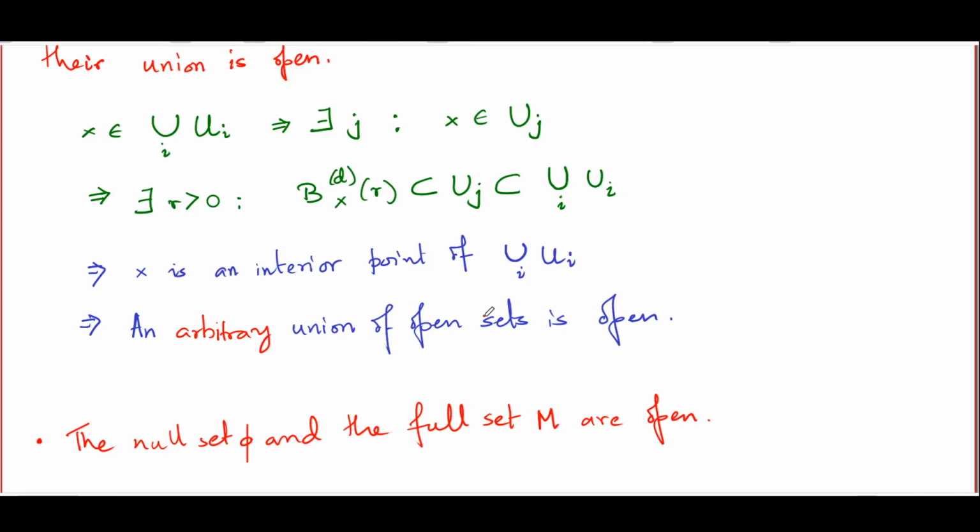Note that while these results are things we have proven in the context of a metric space, when you talk about topological spaces, you no longer prove these results. None of these results about finite intersections, arbitrary unions, and the null set or the full set being open sets have to be proven, because they are exactly what goes into the definition of a topological space.